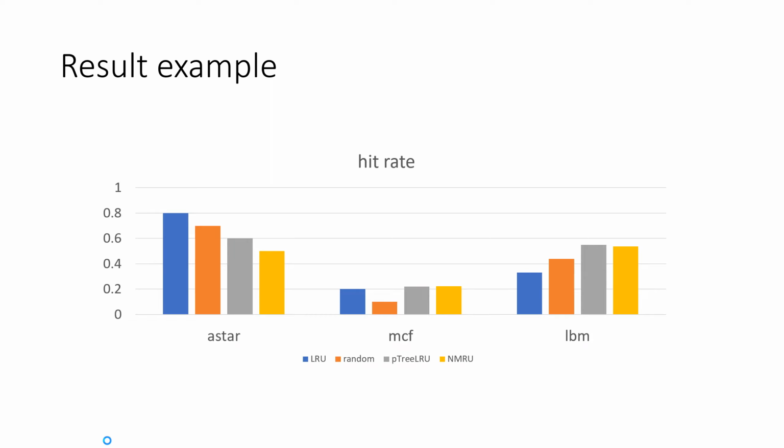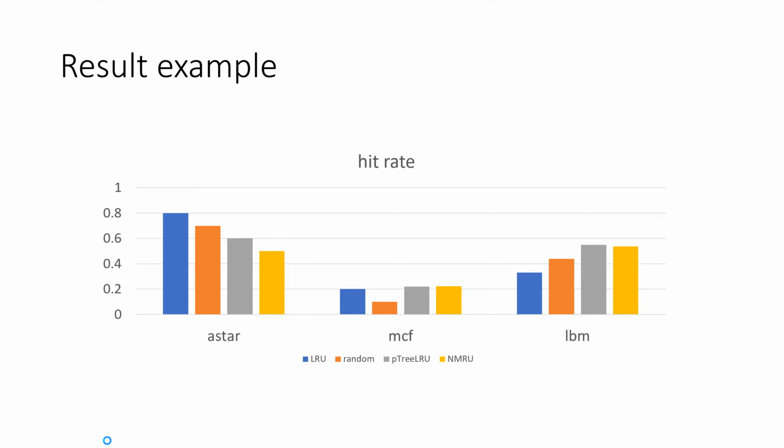Here is just one example to show you what the possible result for your project could be. For example, the LRU may achieve the best hit rate, while the other 3 types may not be able to achieve the same hit rate.